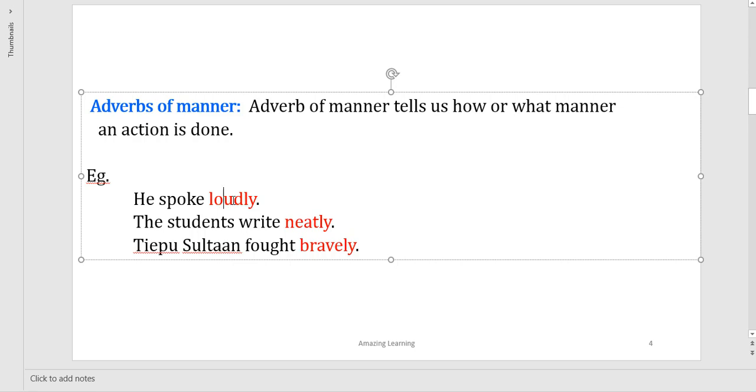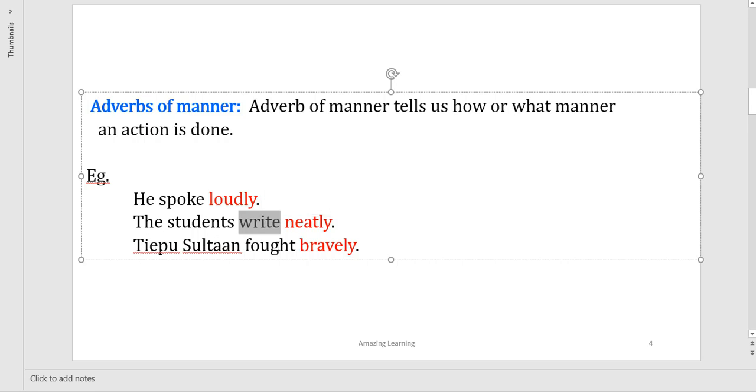And which type of adverb? Adverb of manner. The students write neatly. Write is actually the verb and neatly is the adverb. Why is neatly an adverb? Because it is qualifying this specific word, which is the verb already.